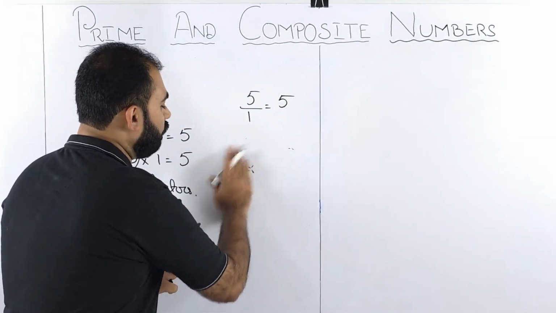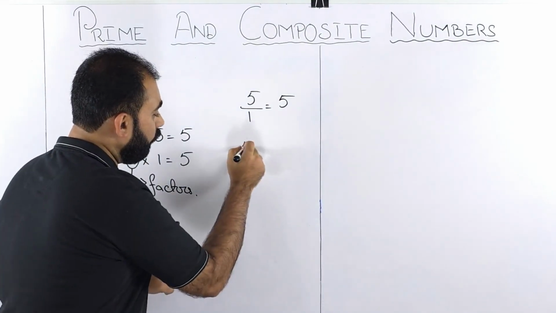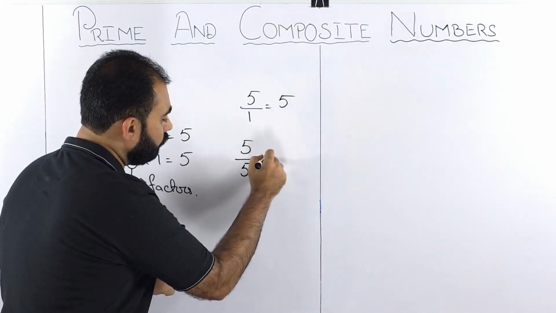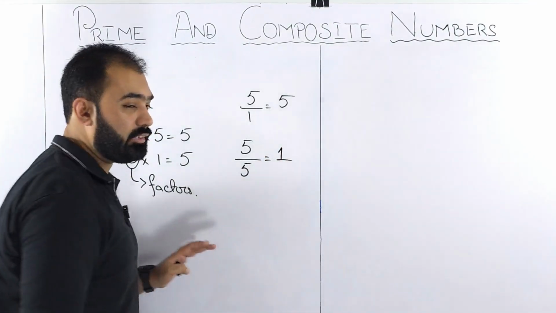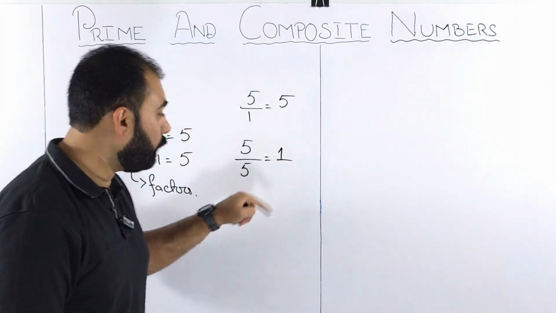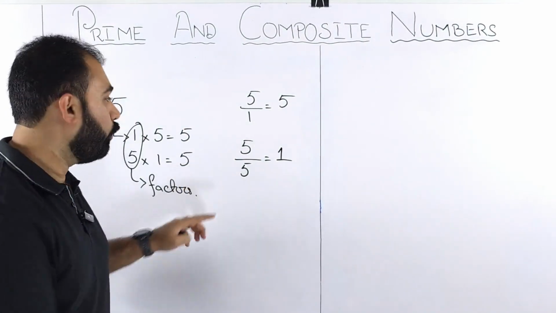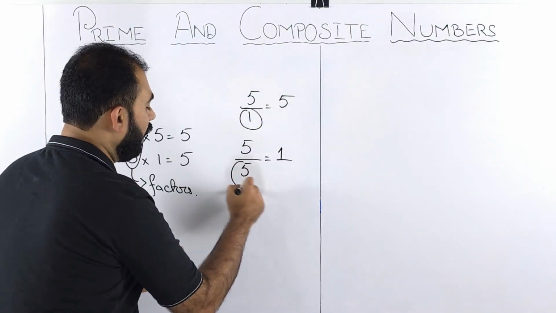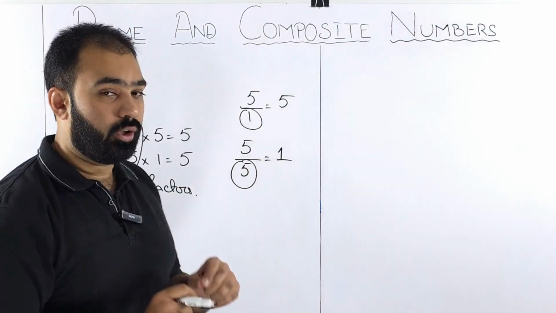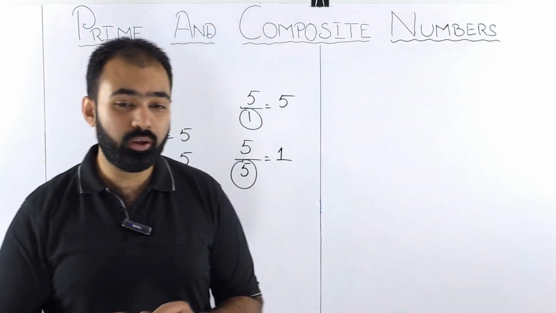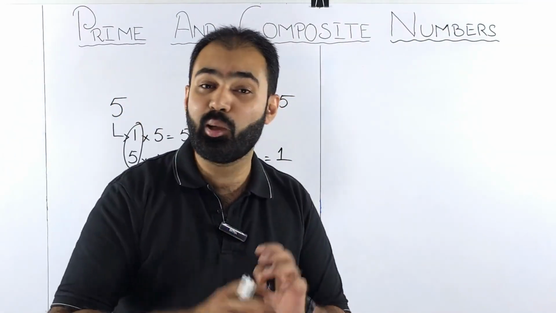So 2 is not a factor of 5. 5 when divided by 5 we get 1. This time we are getting a whole number. So we can say that 5 is completely divisible by 5. So 1 and 5 become factors of 5 because these are the only two numbers through which 5 is completely divisible.